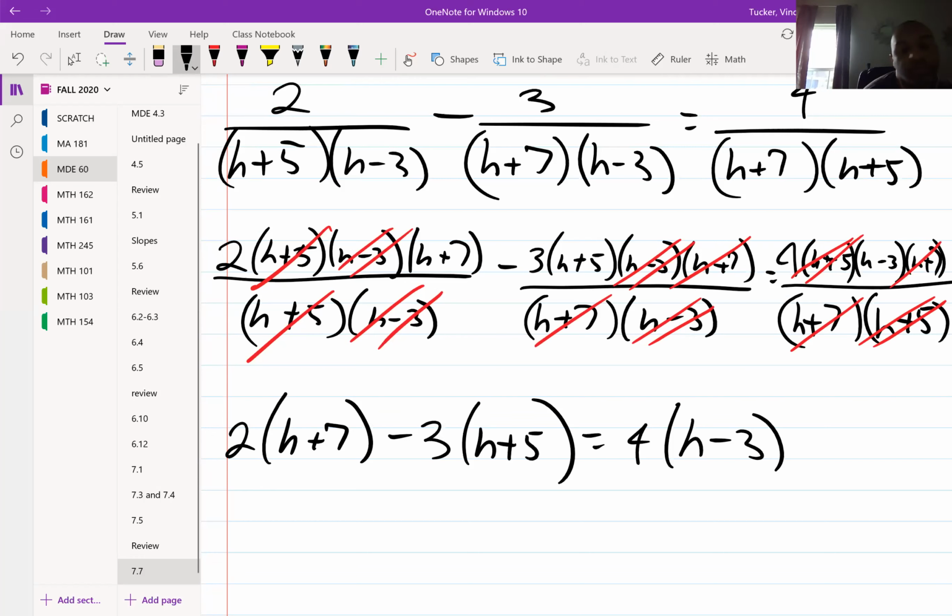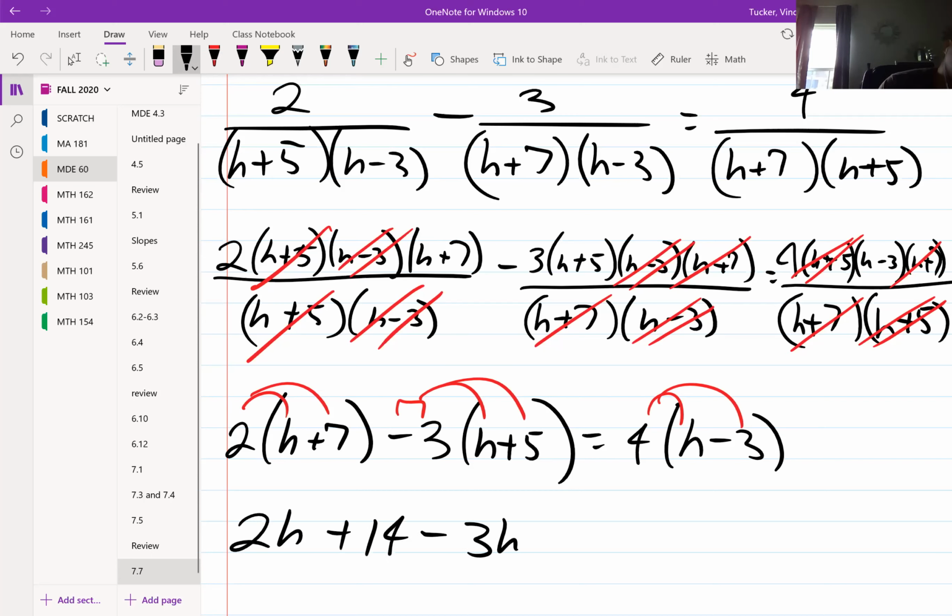Multiply, distribute 2 to the h and then 2 to the 7. 2h plus 14. Negative 3 times h, negative 3h minus 15 equals 4h minus 12.